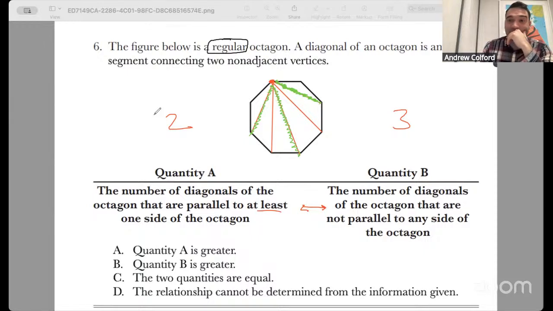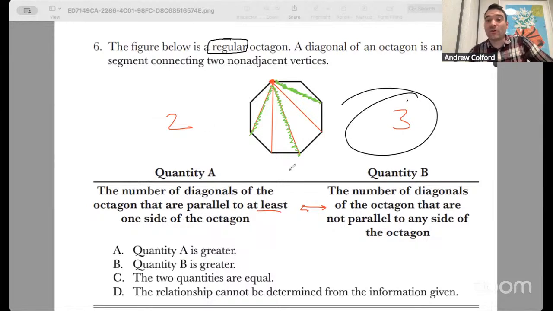Right. So if I were to rotate this to each one of its 8 sides, I would have the exact same picture. And so if I extrapolate this out, there are going to be more non-parallel sides than there are parallel sides.